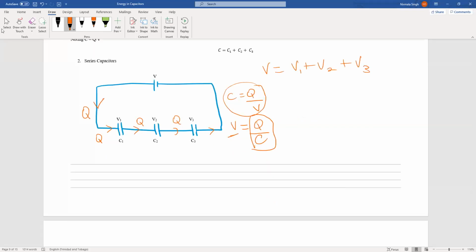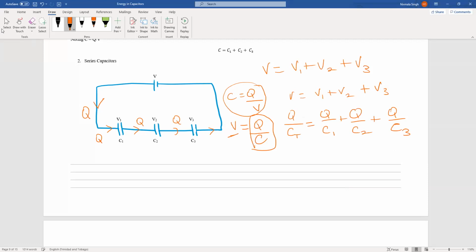So we want to look at how to find the total capacitance using V is equal to Q over C. All right, so I have V is equal to V1 plus V2 plus V3. Let's replace every V with Q over C. So Q over your total capacitance will be Q over C1 plus Q over C2 plus Q over C3.